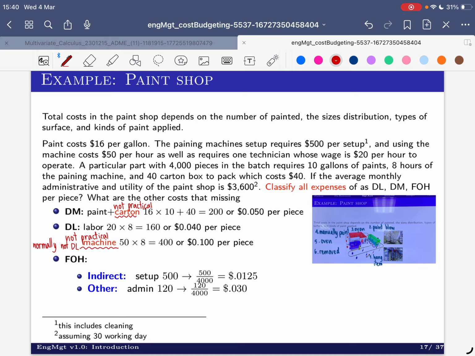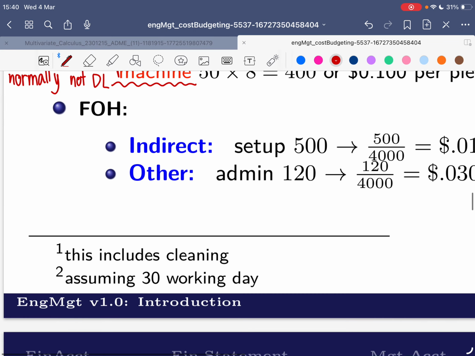Now, you got 500, which is normal. What about 120? In the question, you never see 120. But if you assume that you work 30 days, you can divide 3,600 by 30, and you get admin 120.